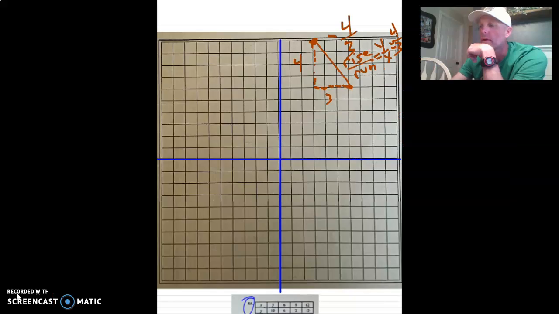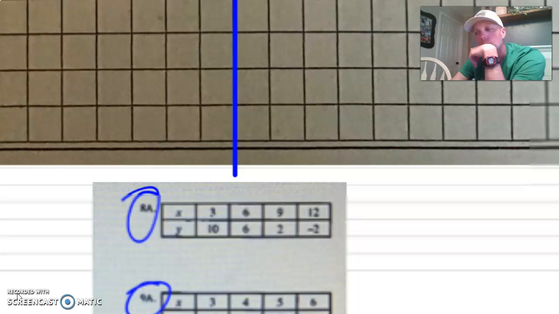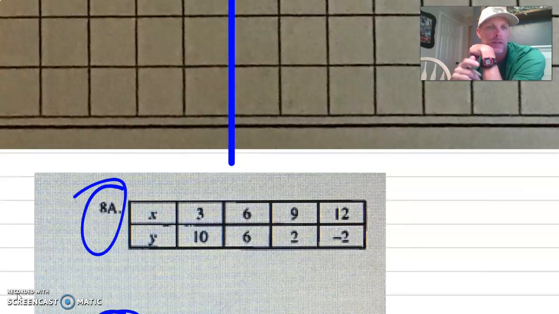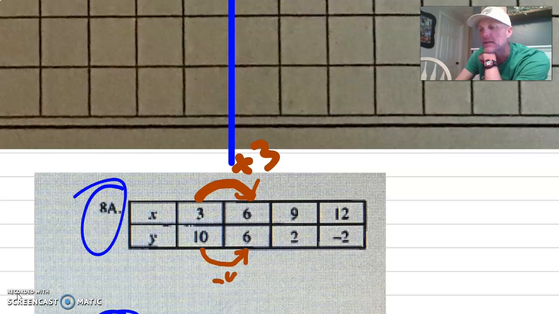Alright, so now I want to do it down here using the table. The change in x and the change in y. The change in x is plus 3. The change in y is minus 4.